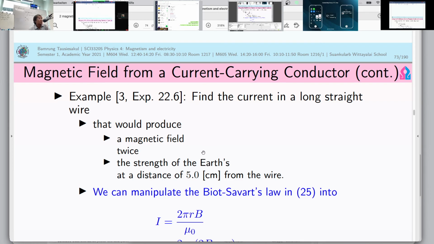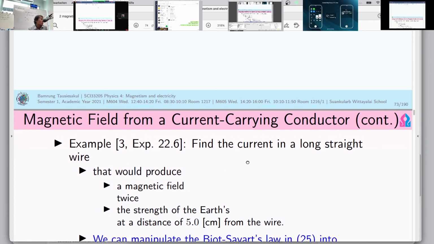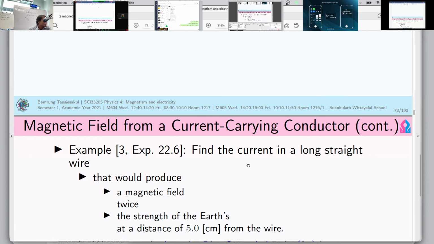Assume that we are 5 centimeters apart from that conductor or from that wire. That's the question. You need to find the variable I, right?